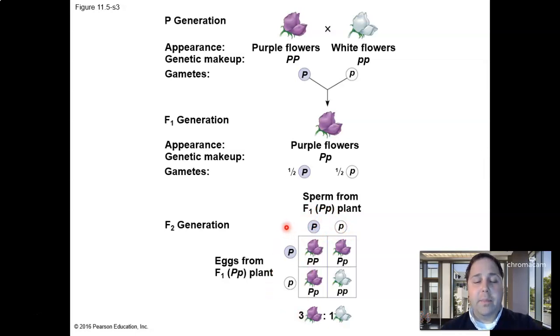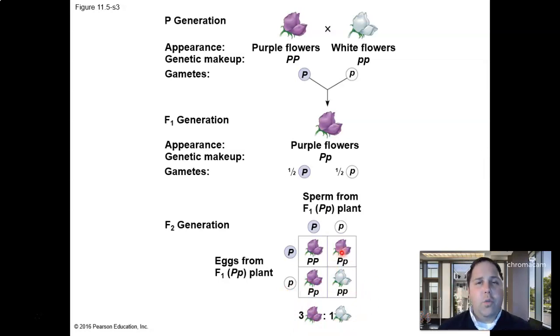Of the 2 possibilities of an egg, one is a big P, one is a little p. And then by combining the letters, we get the 4 possible outcomes from the sperm and egg. So we can get a big P big P, a big P little p, a big P little p again, or a little p little p. All of the ones that have at least one big P will be purple, all of the ones that have no big P will be white, and so we end up with this 3-to-1 ratio.